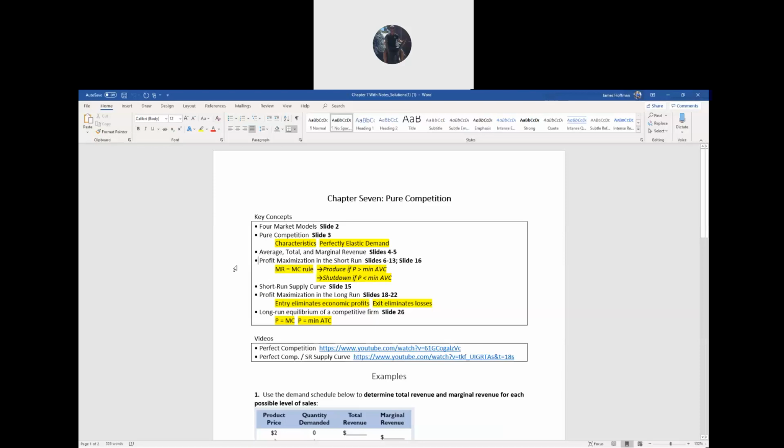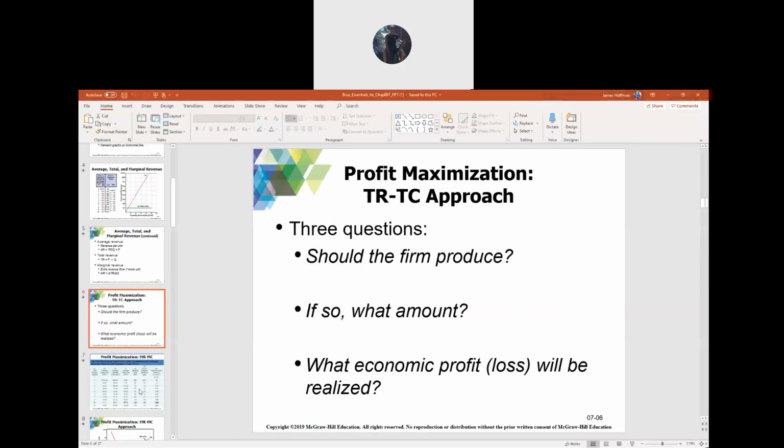Okay, so what are the firms going to want to do in the short run period in this type of market? All right.